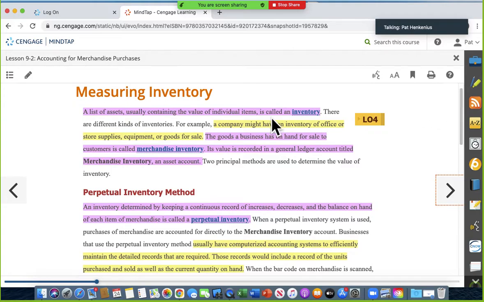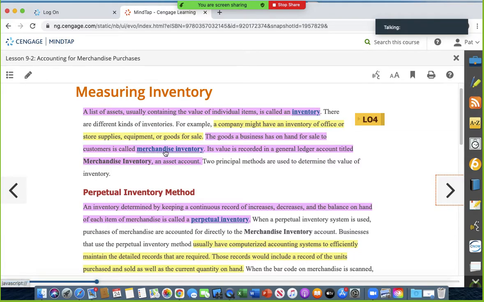Okay, so we have this thing called inventory. Inventory is all the stuff that we buy, assets, merchandise, things of value, we keep track of, right? Now, when you're thinking merchandise inventory, there's an account called merchandise inventory. Those are the actual goods that we're going to sell.